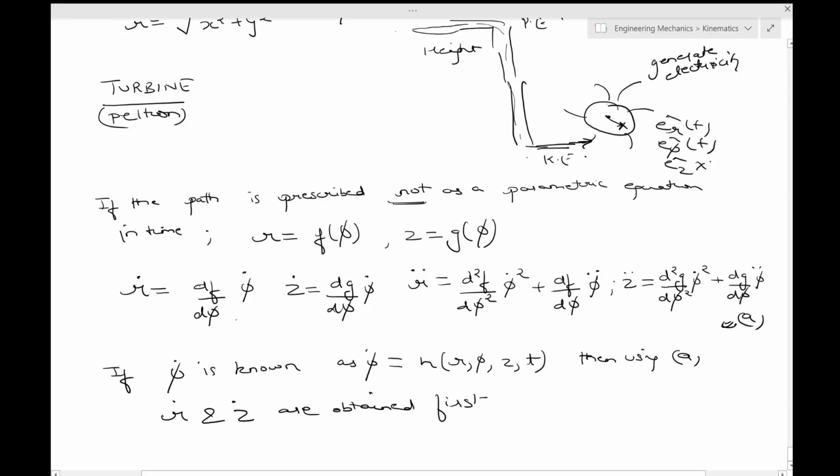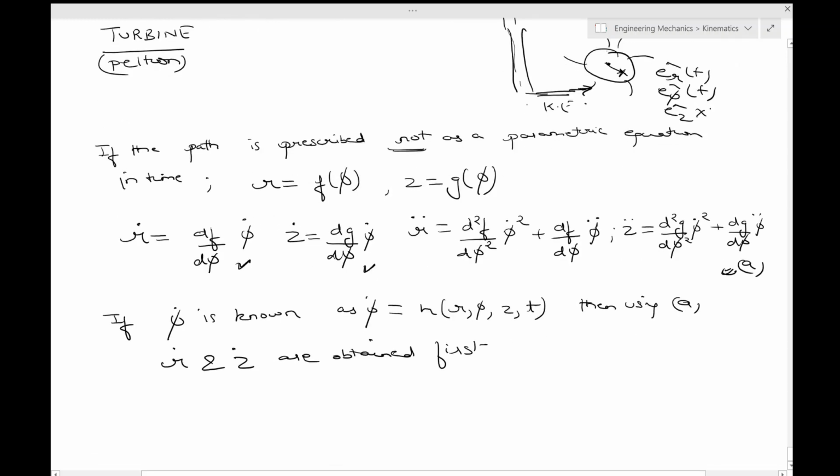Phi dot is already given, so you just substitute it and then find r double dot and z double dot.